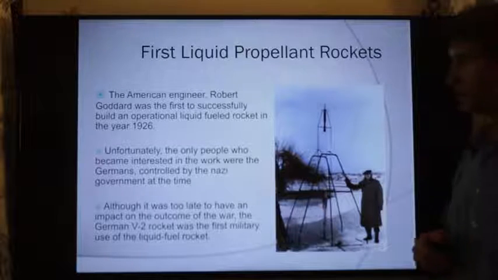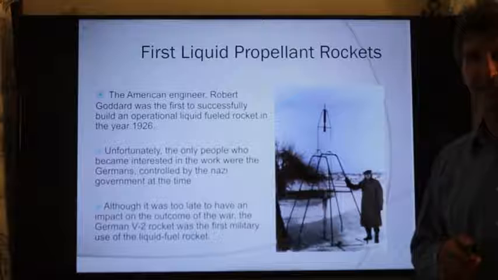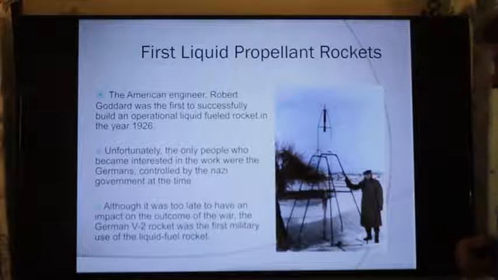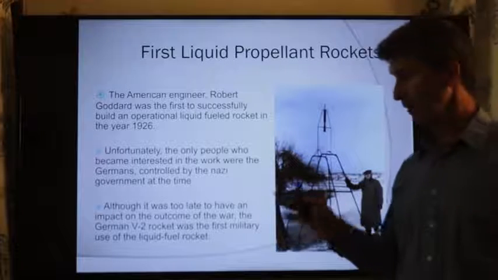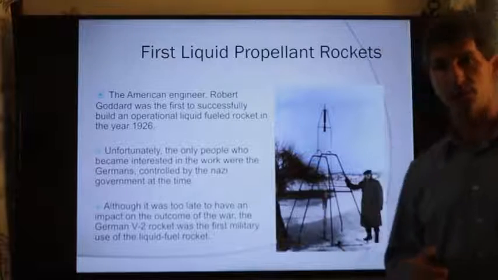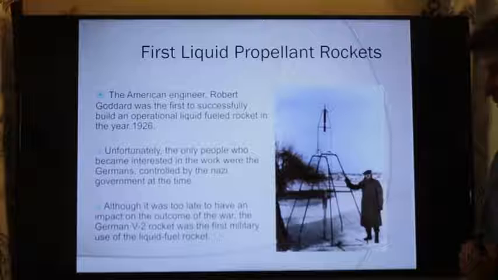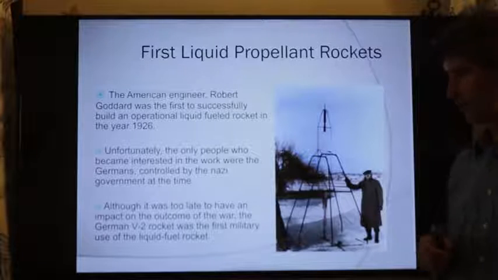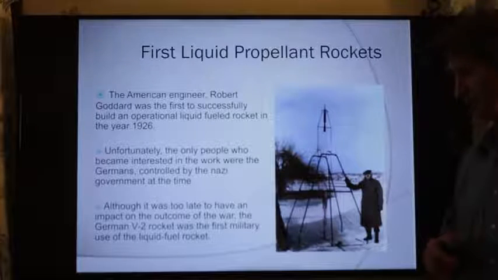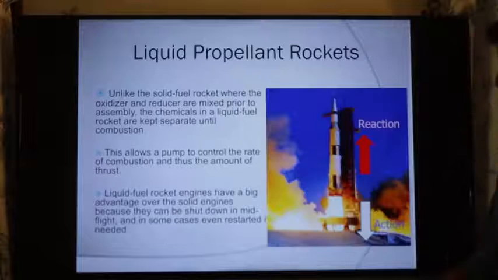Unfortunately, he did his work in 1926, and the only people who paid attention to it were the Nazis over in Germany. And although it was too late to really have a strategic impact on the war, this led to the development of the V-2 rocket, which was captured by the Allies.